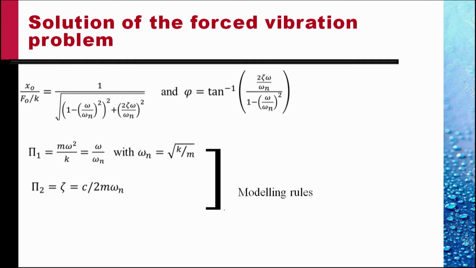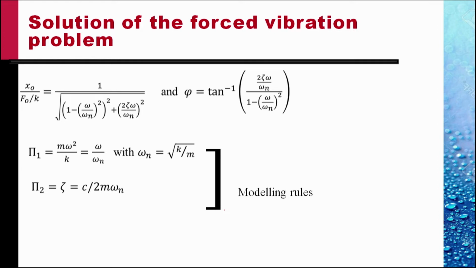These can be used as modeling rules. Two systems would have the same non-dimensional results if the values of pi 1 and pi 2 of one system are the same as the values of pi 1 and pi 2 for the second system.